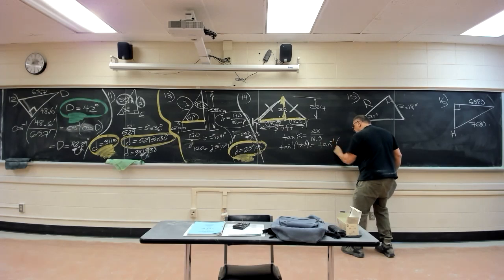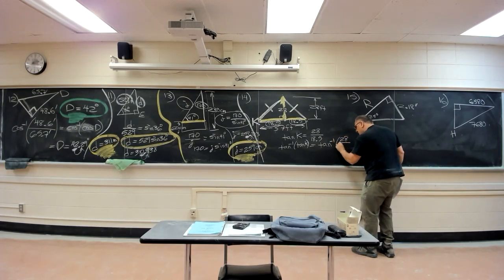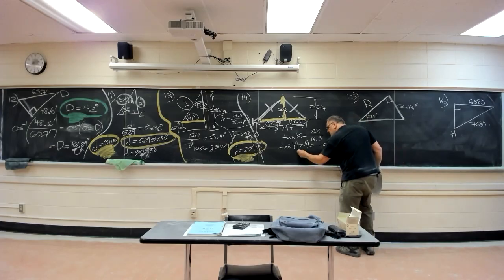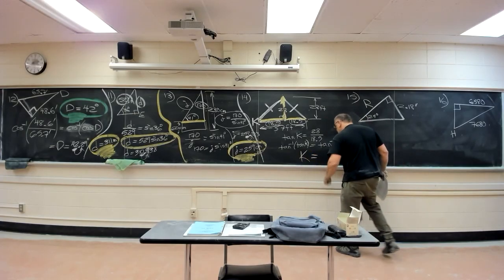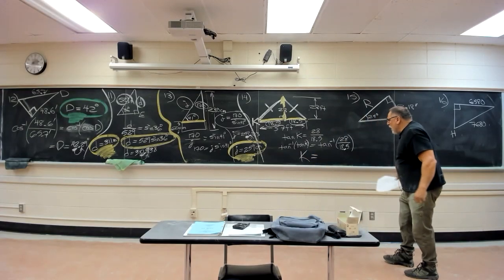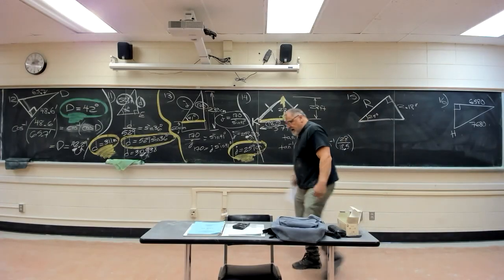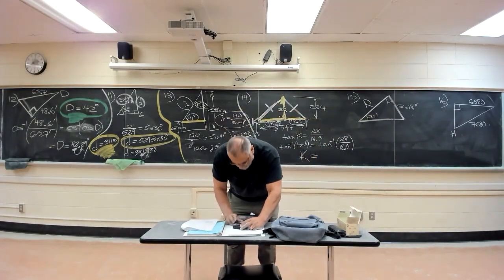So the inverse tangent of this is going to be what k is. Let's take 28 divided by 18.5.